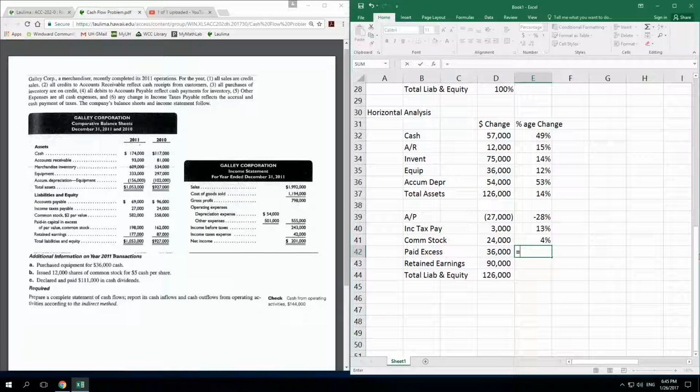And paid in excess went up too, right? Retained earnings increased. Okay, and then of course that percentage change should be the same, 14%. Okay, so this is more internal, I would say.